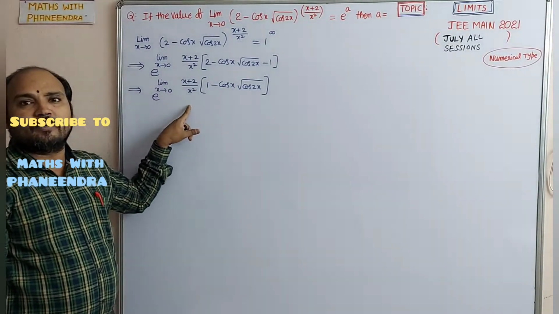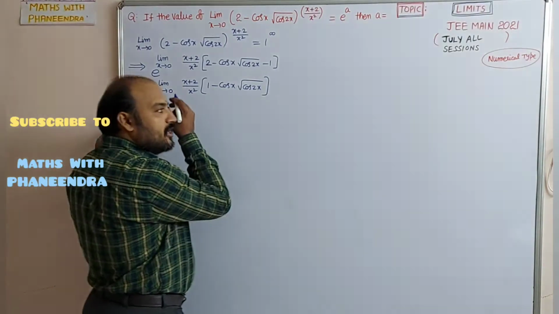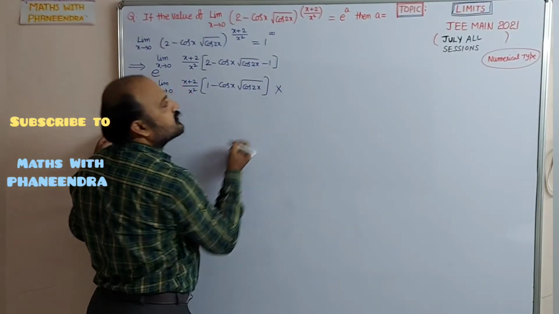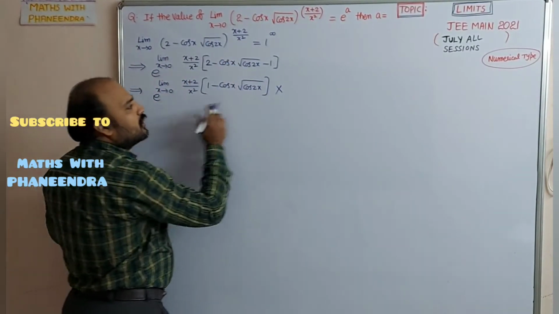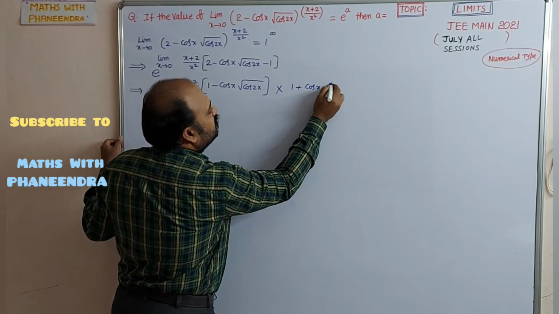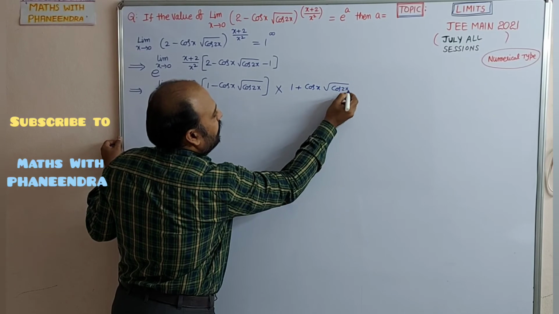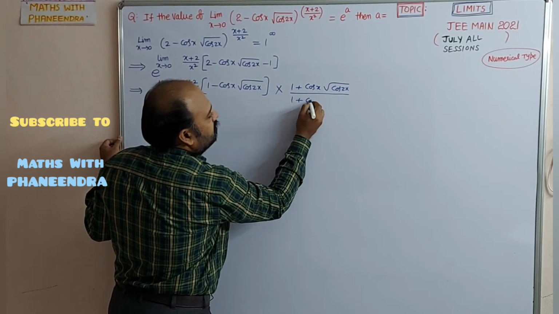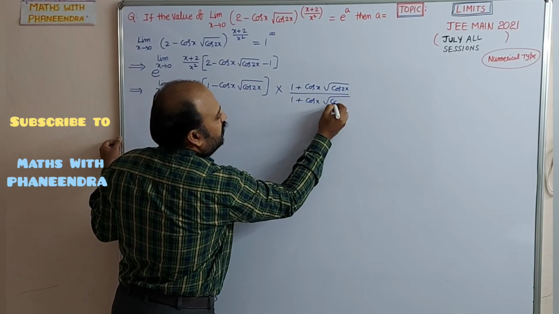So 2 by 0, anything by 0 is infinity. So here is an indeterminate form. So what we have to do, again 1 power infinity form, is multiply and divide by 1 plus cos x into root cos 2x to avoid that form.